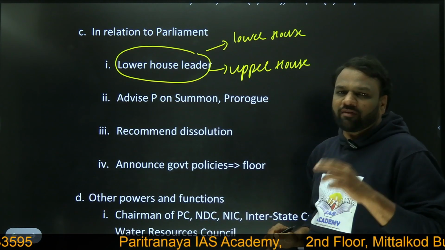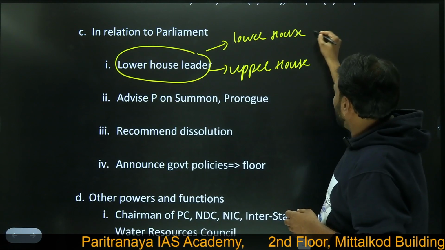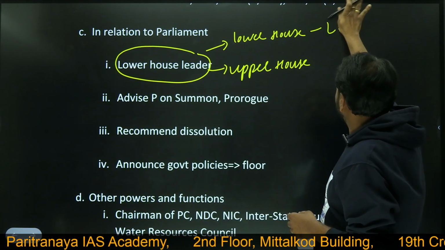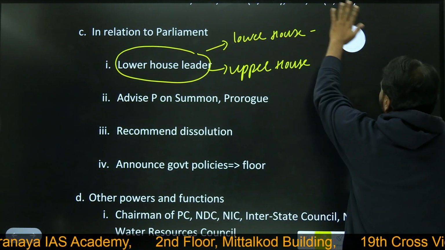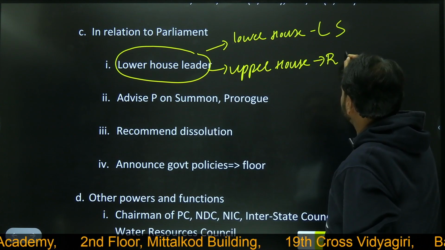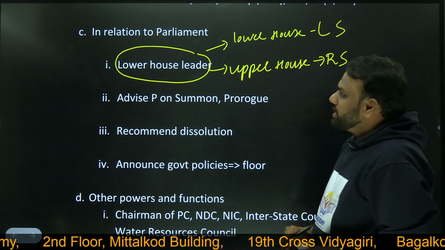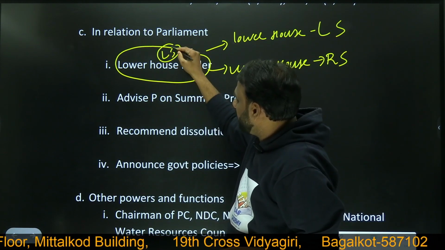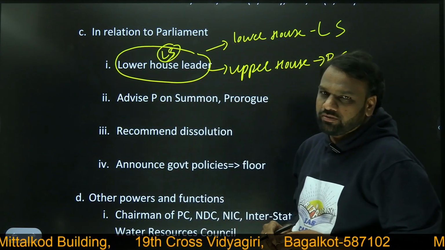One is Lok Sabha, another one is Rajya Sabha. Lok Sabha is called lower house, and Rajya Sabha is called upper house. So Prime Minister is leader of which house? Prime Minister is leader of Lok Sabha, lower house.